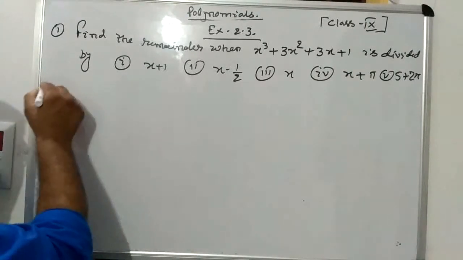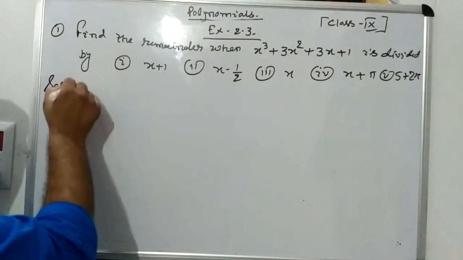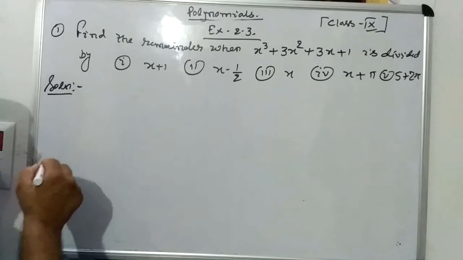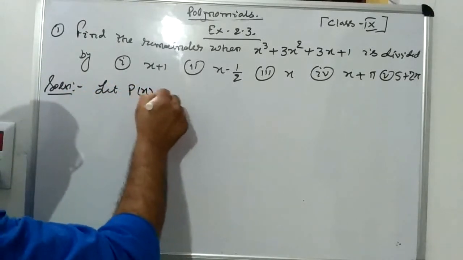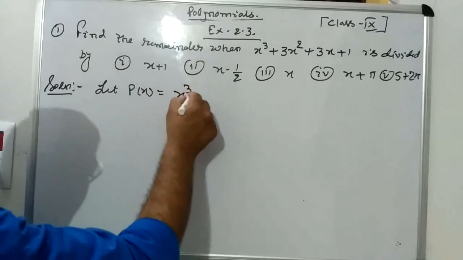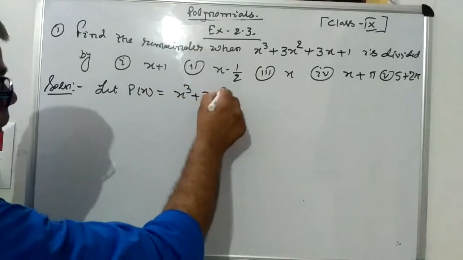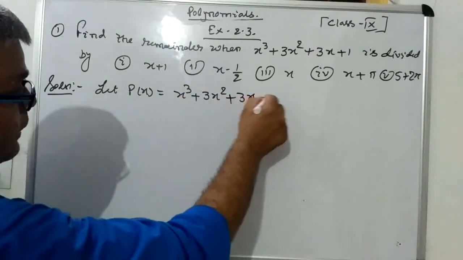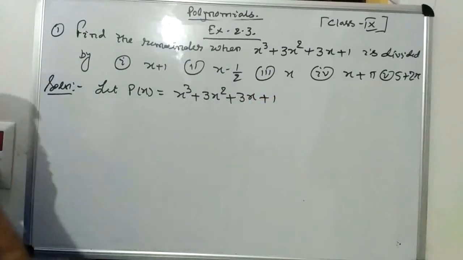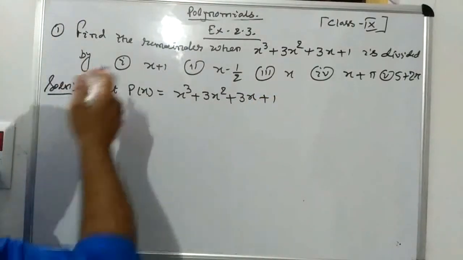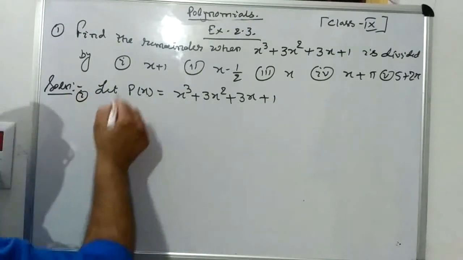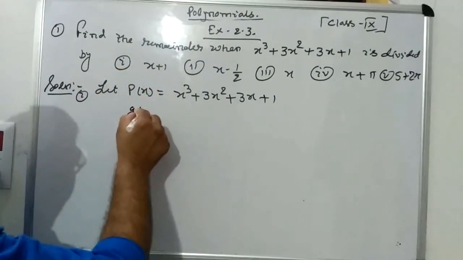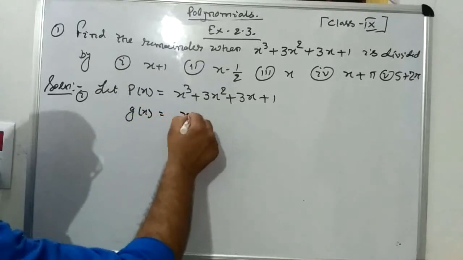First of all, let's see the solution. First you assume the polynomial. Let P(x) equals x cube plus 3x square plus 3x plus 1, and I am solving the first question, and you suppose another polynomial g(x) equals x plus 1.